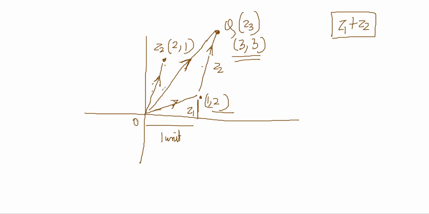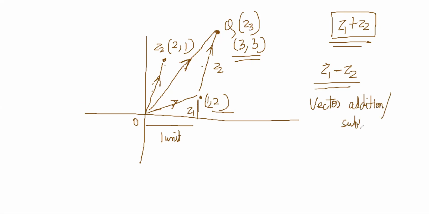So in total you are going 3 units in both X and Y. That is why addition of complex numbers, similarly subtraction of complex numbers, all of it can be thought of as a vector operation, vector addition, vector subtraction, because complex numbers are points on the 2D space.